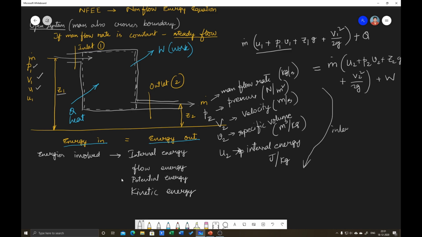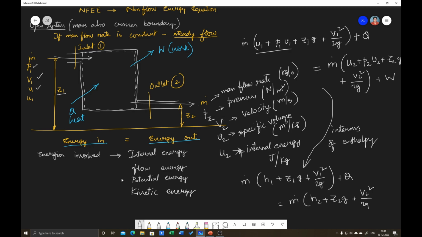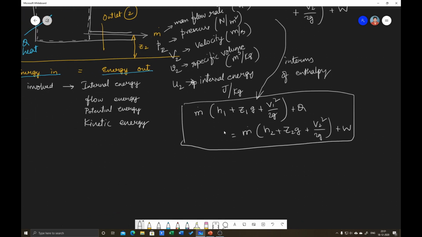So if you rewrite this equation in terms of enthalpy, it will become m dot into h1 plus z1 g plus v1 square by 2, plus Q, that is equal to m dot into h2 plus z2 g plus v2 square by 2, plus W. Here the flow is steady flow, so this is known as the steady flow energy equation, or simply SFE.